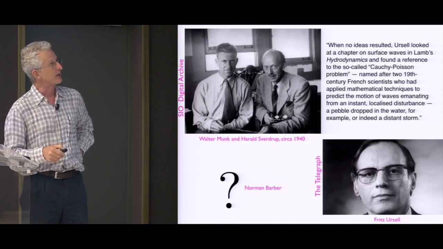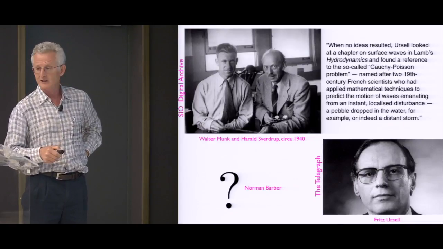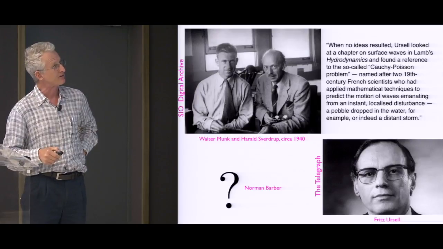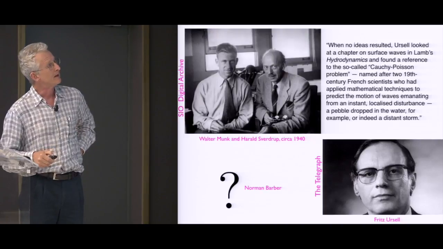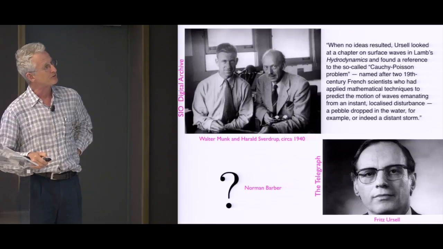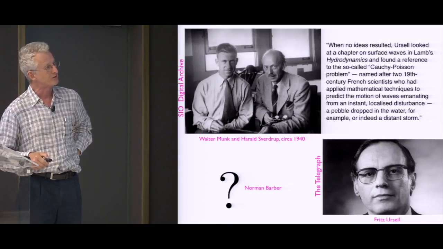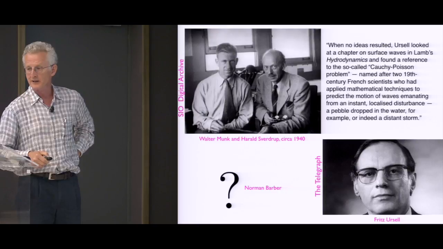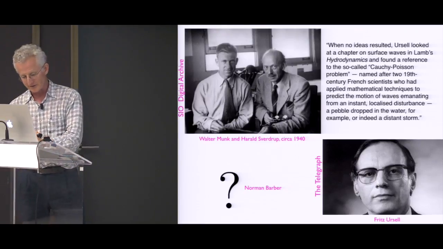And as the Telegraph said in his obituary, where no ideas resulted, Ursell looked in a chapter in Lamb's Hydrodynamics and found a reference to the so-called Cauchy-Poisson problem, named after 2 19th century French scientists who had applied mathematical techniques to predict the motion of waves emanating from an instant localized disturbance, a pebble dropped in the water, for example, or indeed a distant storm. So these guys were so desperate they actually read Lamb's Hydrodynamics in an attempt to make a prediction of surface gravity waves.